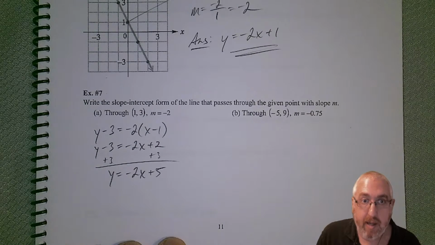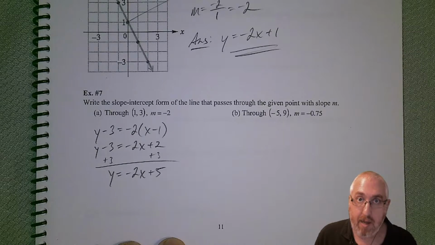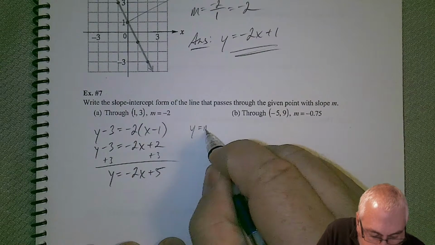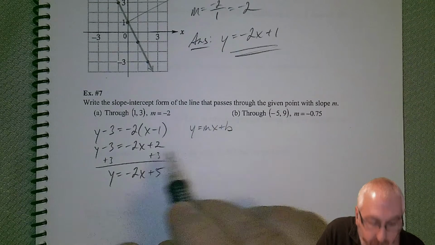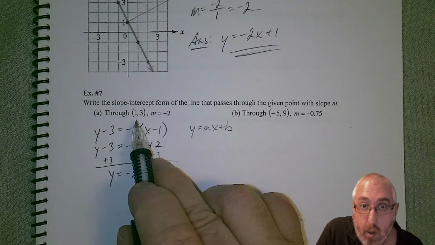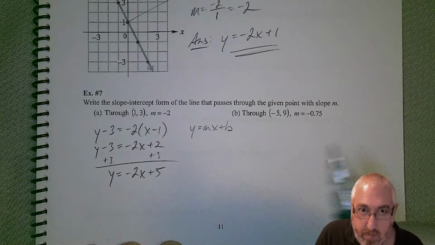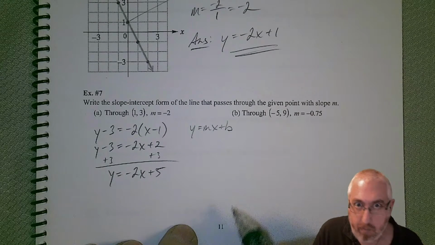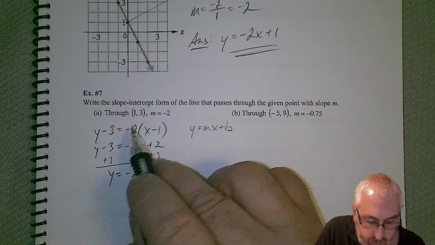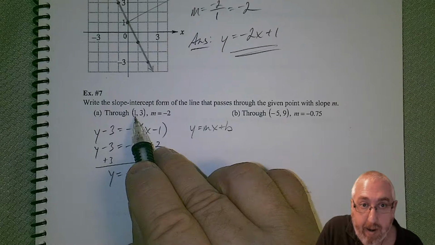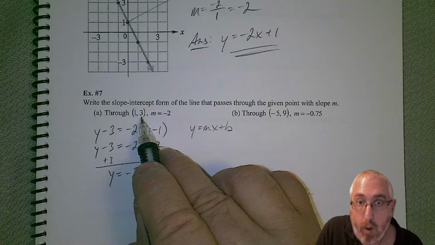The other way is to actually use the y equals mx plus b. So when we use y equals mx plus b with this information, we're going to get some different processes in place and different results that we're going to have to interpret. So in this case, let's plug this 1 in for x, and let's plug the 3 in for y.